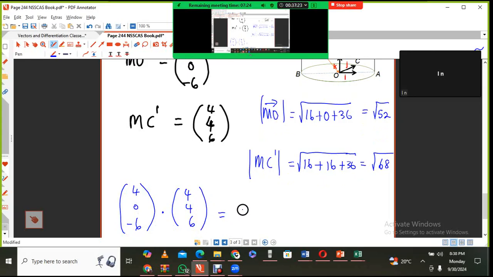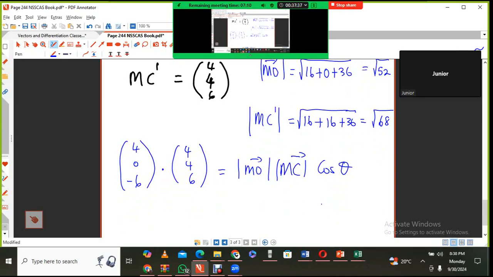That should equal the magnitude of MO times the magnitude of MC prime times the cos of the angle. 4 times 4 is 16. 0 times 4 is 0.